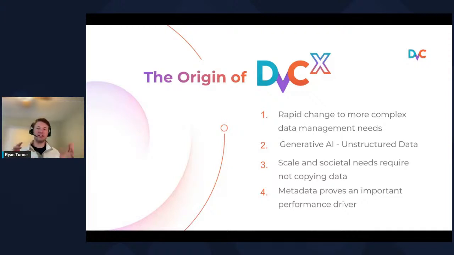So DVCx is sort of the extra large form of this, where it's going to be a new complementary product where things have been designed a bit differently than DVC, more specialized to the case of preparing and versioning your data and getting it ready to train these big models of unstructured data, such as the generative AI models, where you really have very large data sets.